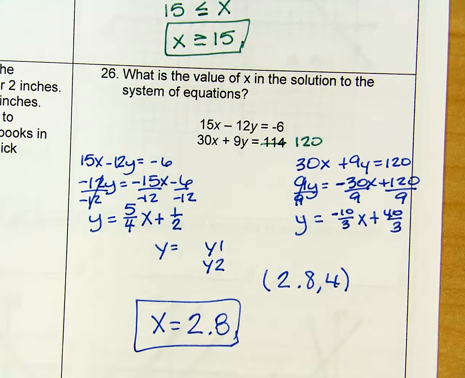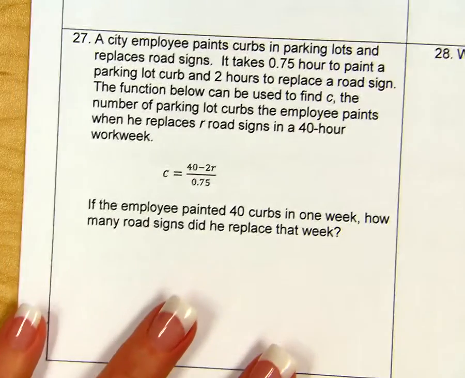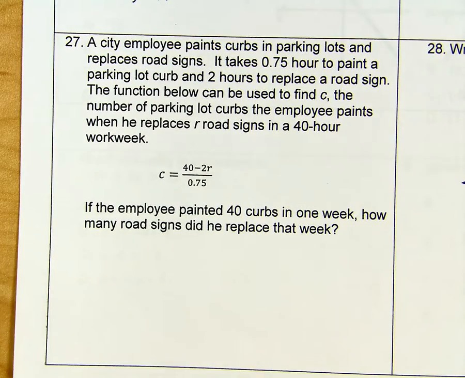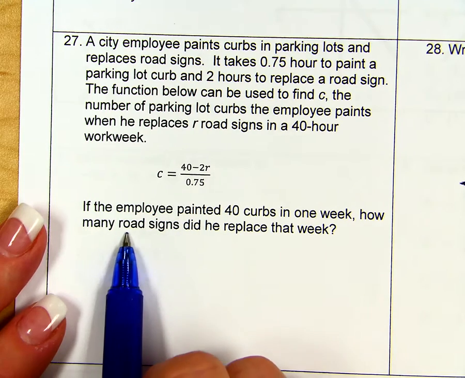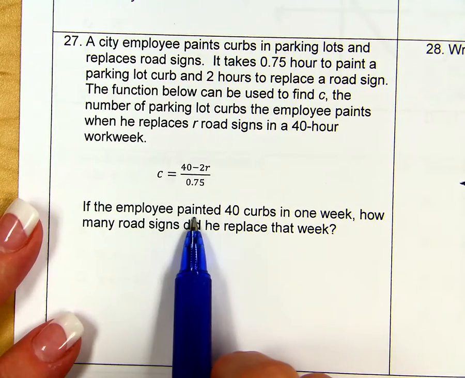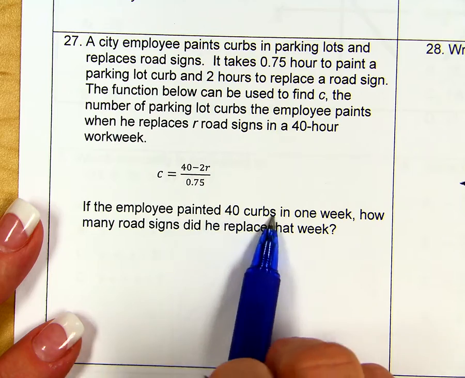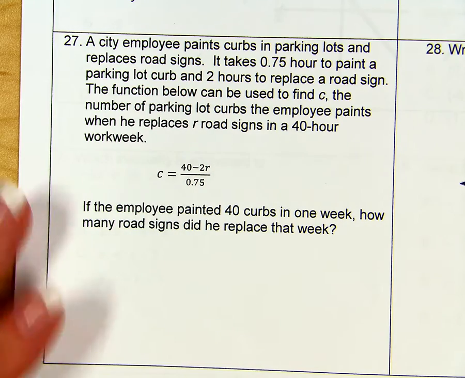Problem number 27 gives us an equation, and they need us to find the number of road signs. Well, R is what represents the number of road signs, and they told us that the employee painted 40 curbs, and C represents the number of curbs.